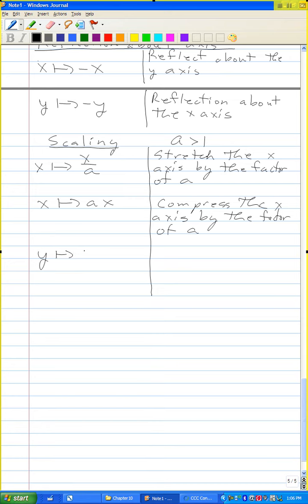If I replace y by y over a, then I'll stretch the y-axis.